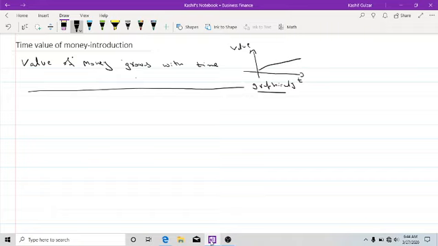Today the value of $100 is $100, so the present value is $100. The interest rate that the bank is paying is 10%. N is 1 year. Find the future value, that is, after 1 year what will be the value.